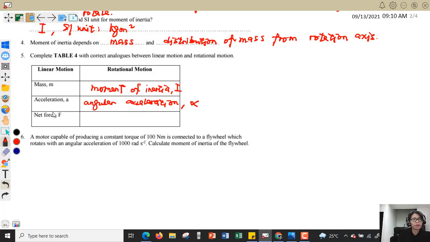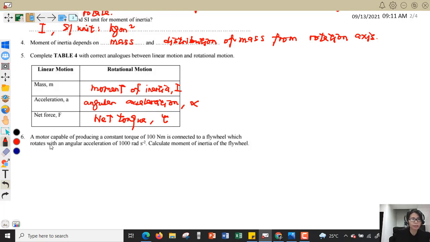In linear motion, for an object to have acceleration, we must have net force F. For rotational motion, in order for an object to have angular acceleration alpha, it must have net torque. Torque is the effect that is responsible for rotational motion.